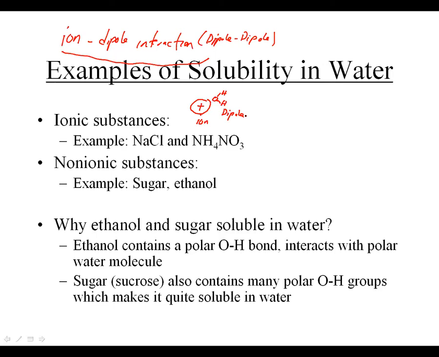There are also other substances like sugar that we know, if we put it in water, is also soluble in water. Ethanol as well is soluble in water. And these are not ionic compounds. These are molecules that contain carbons, hydrogens, and oxygens, and they will be doing covalent bonding instead of the ionic bonding we have in our ionic compounds.